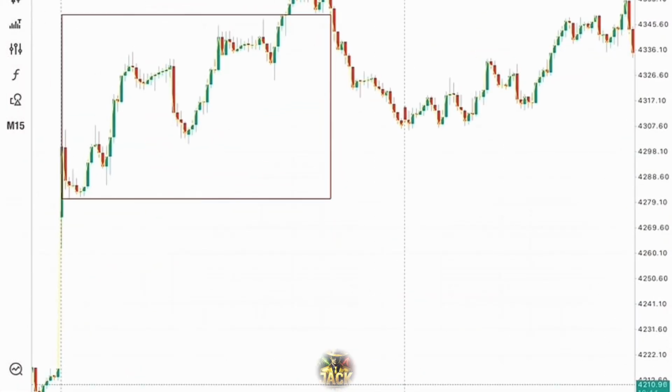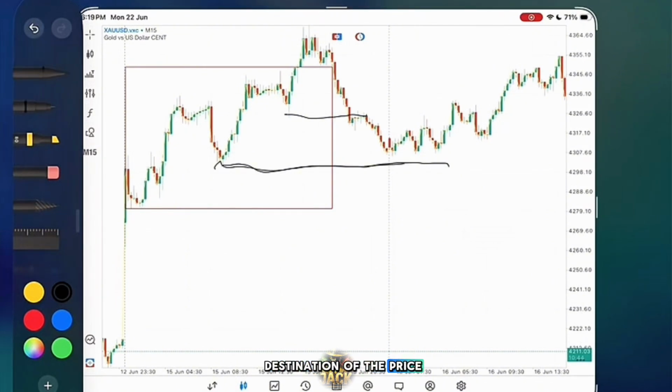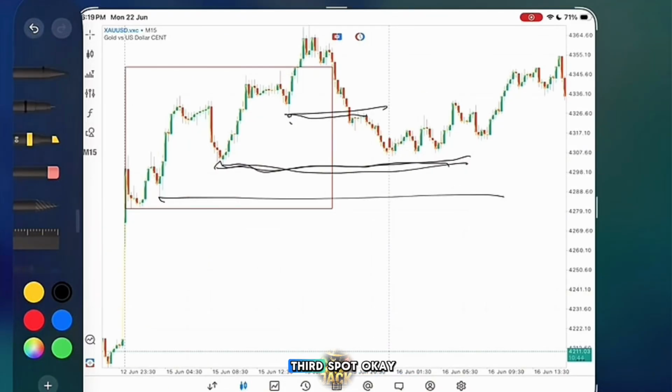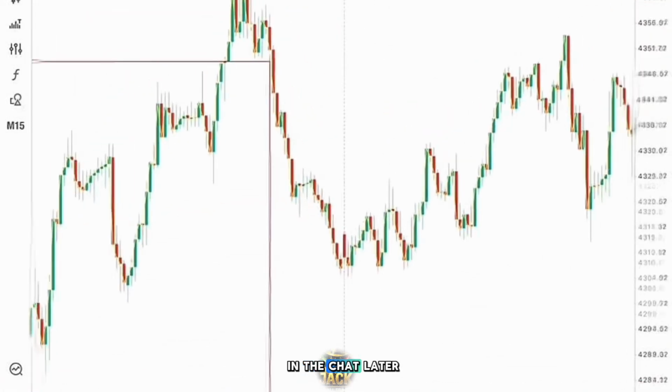Okay? And once price broke this, where's the next destination of the price? This is here. This is the next destination of the price. Okay? First destination is here. Second destination is here. Third, fourth. Okay? These are all the buy volumes that you need to see in the chart later on.